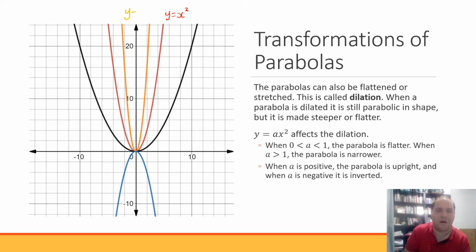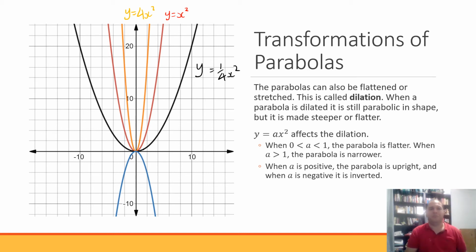So that's y equals 4x squared. For the black one, that one looks as though it's been dilated by a factor of 1/4. So that one might be y equals 1/4 x squared.